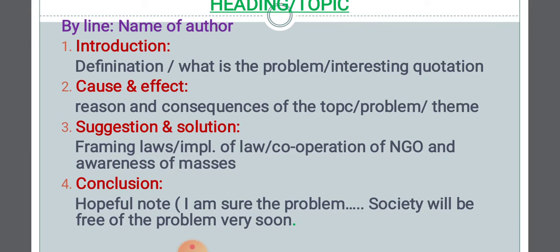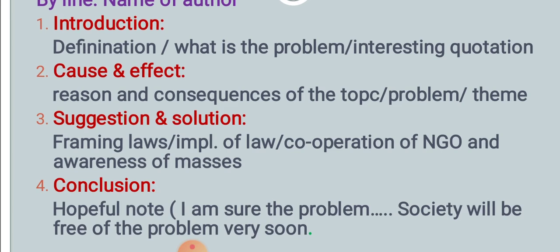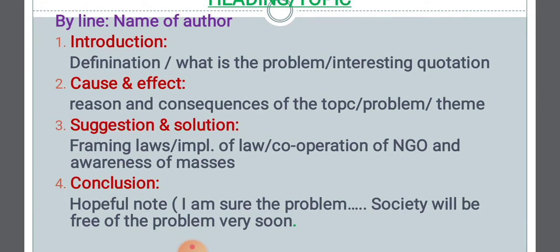These are your ideas, and in this way, here is what you may note down. Framing laws: you may appeal to the government or the people in power to frame laws to curb or stop some problem, or bring some changes relevant to the topic.